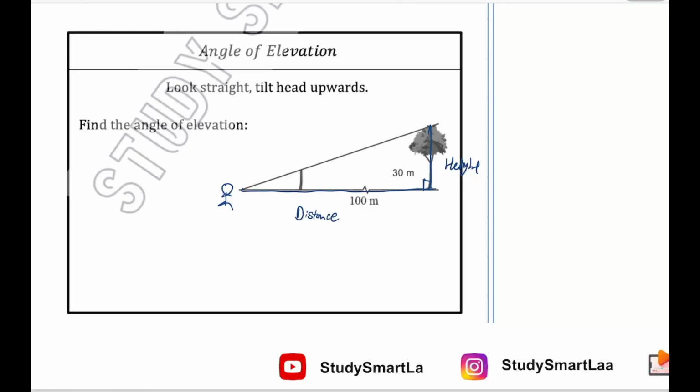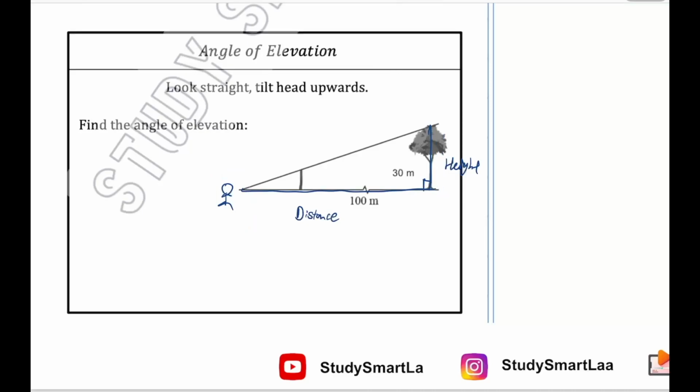So the trick here, whenever you want to find the angle of elevation, look out for whether there's a right angle triangle created between the distance between the object and whatever they want the angle of elevation to be, as well as the height.